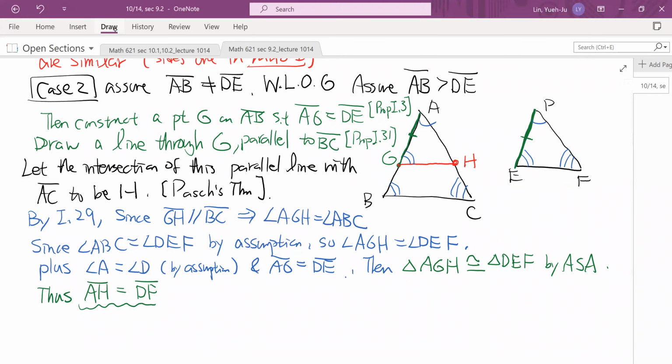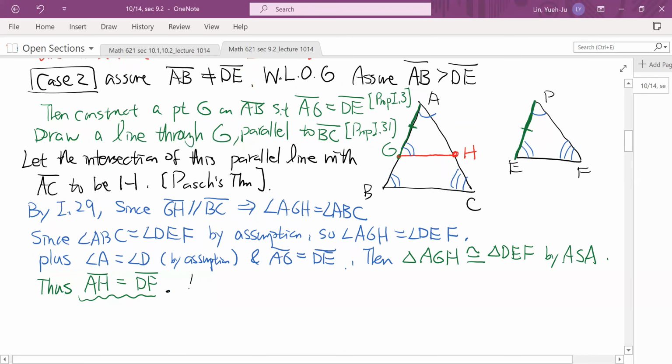Now it's time to use Proposition 6.2, the previous one. Because we have GH parallel to BC, the sides of the triangle will be in proportion. Since GH is parallel to BC, by the previous Proposition 6.2 we have those sides in proportion.